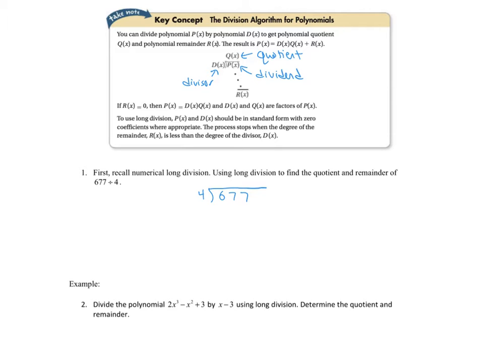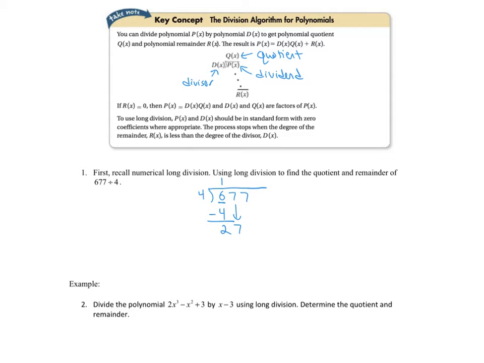Now, we first divide the divisor into the first digit of the dividend. 4 goes into 6 one time. I put a 1 up above the 6. And then I multiply the 1 by the 4, and I get 4. And I write that below. Then I subtract. 6 minus 4 is 2. Then I bring down the 7.